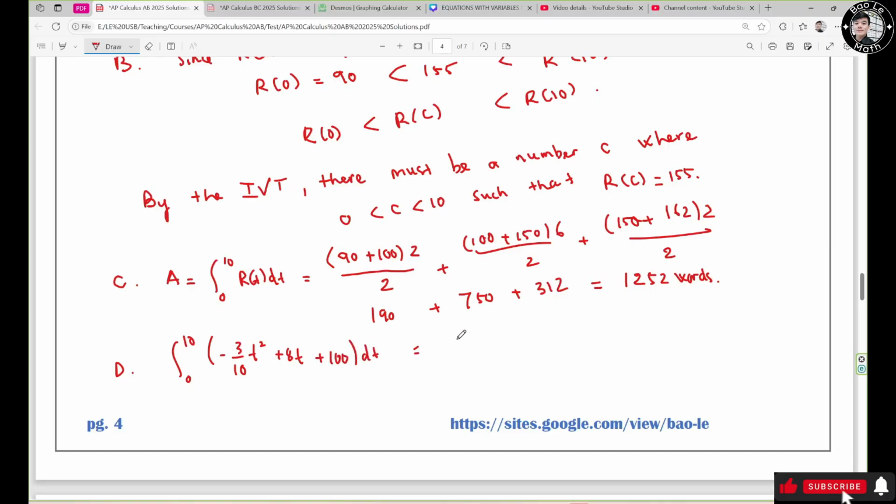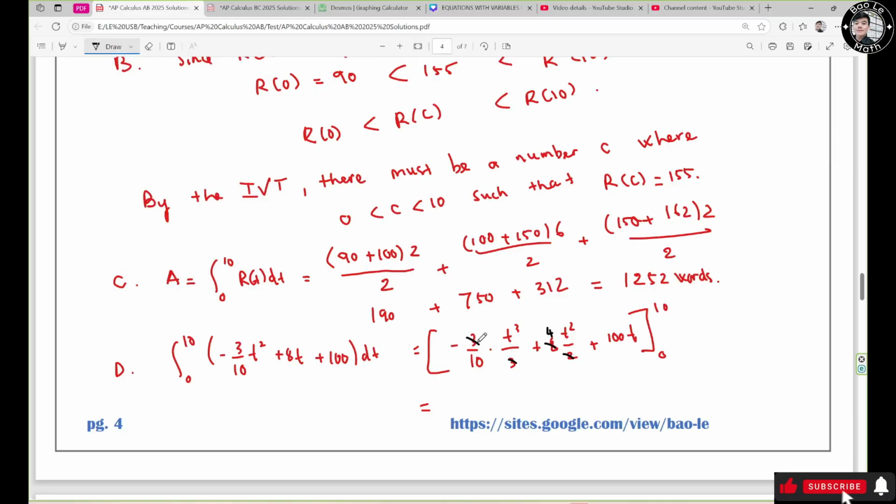So it's going to be negative 3 over 10 times t to the power of 3 over 3 plus 8 t squared over 2 plus 100 t, evaluated from 0 to 10, right? Now you need to simplify this one. 3 and 3 cancel out, right? 8 divided by 2 is going to be 4 right here, right?